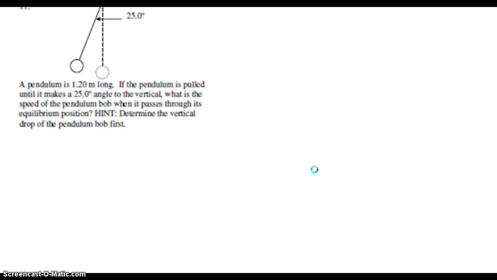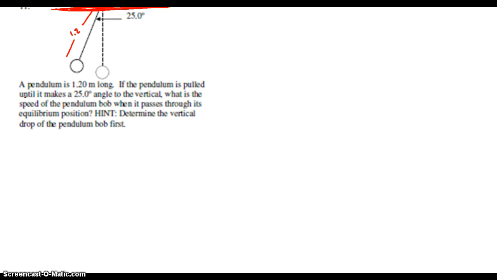Next question I want to go over is, we've got a string attached. Now this length right here is 1.2 meters, from here all the way down to the end of the pendulum.